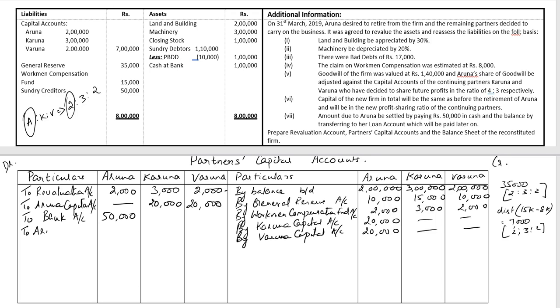So to Aruna's loan account, the greater total on the credit side, 2,52,000. The balancing figure transferred to Aruna's loan account is rupees 2 lakh.